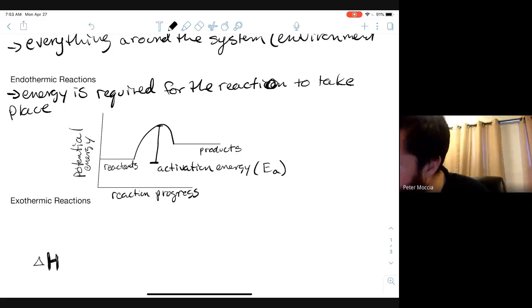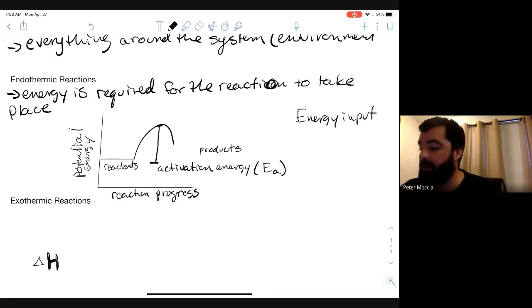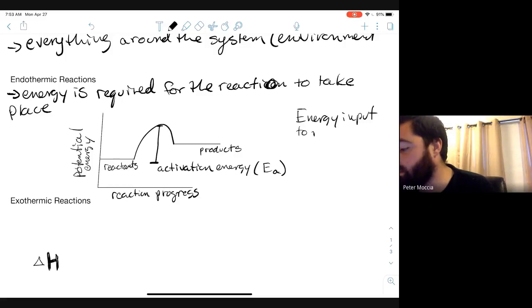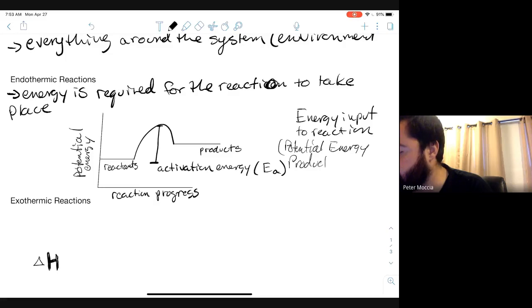So energy input to the reaction. In other words, the potential energy of the products is greater than the potential energy of the reactants.